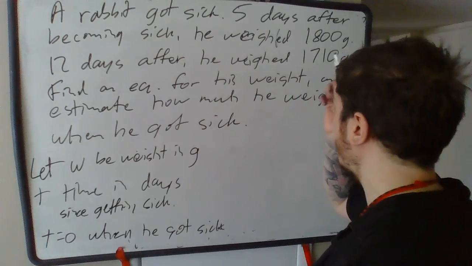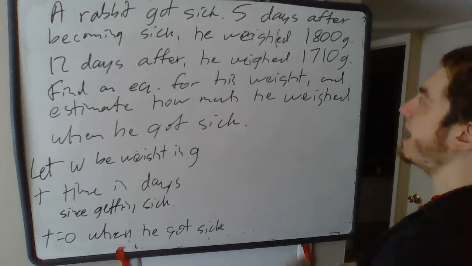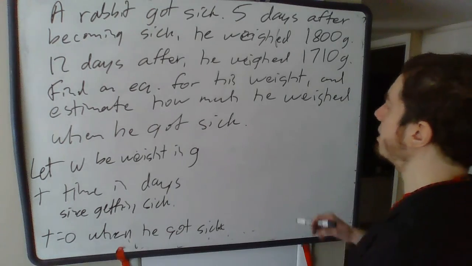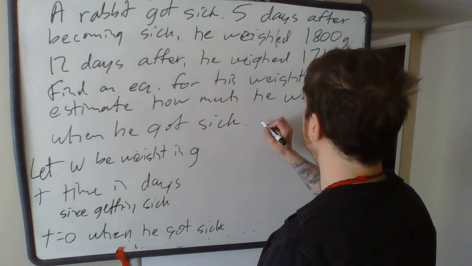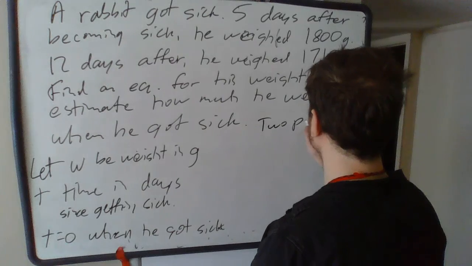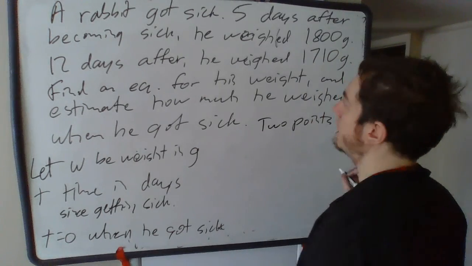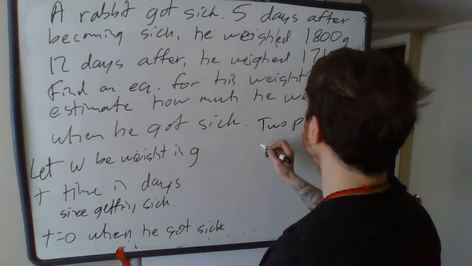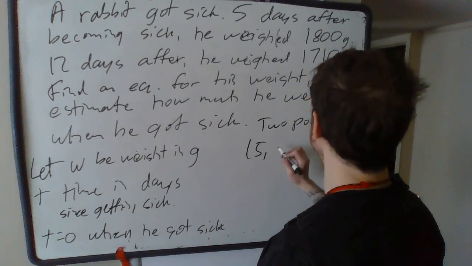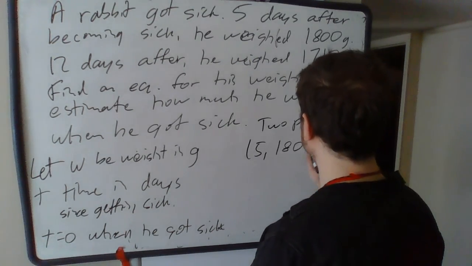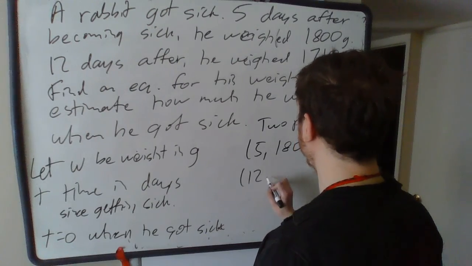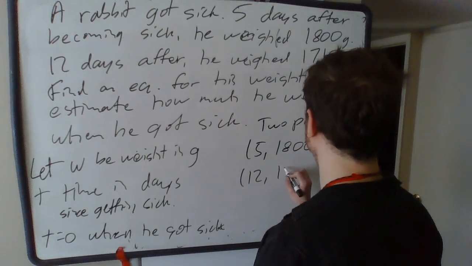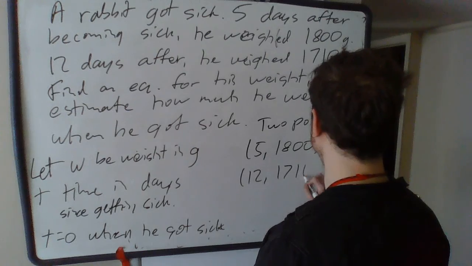Okay, so moving back to the issue at hand here, what we have here is 2 points. The points that we have are that at 5 days, he weighs 1,800 grams, and at 12 days, he weighs 1,710 grams.